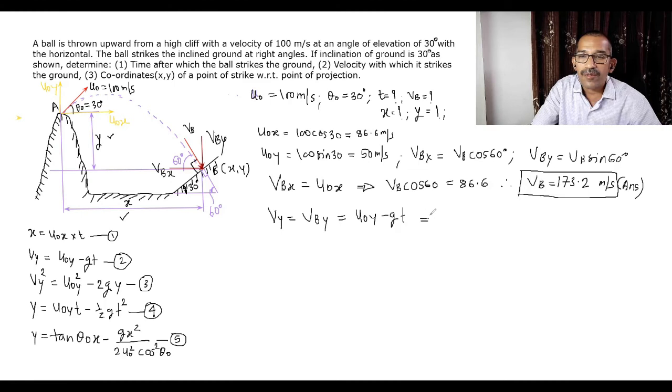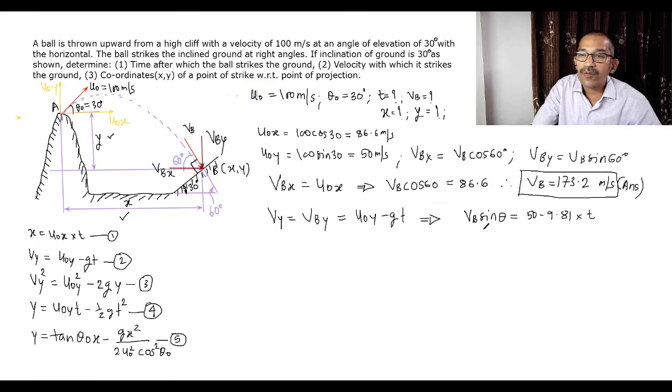Here substitute VBY, which is nothing but VB sin 60. u0y we calculated, it is 50, minus 9.81 into t.